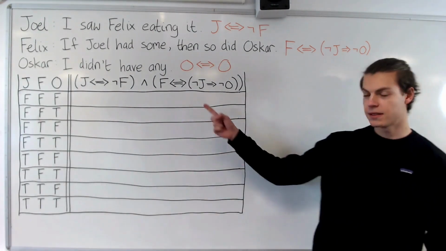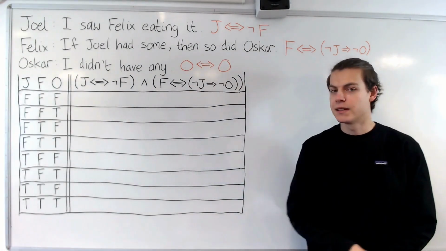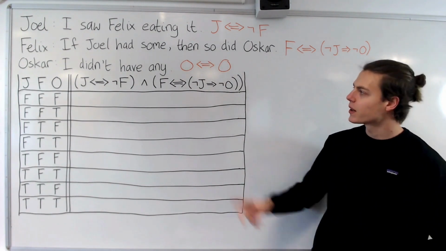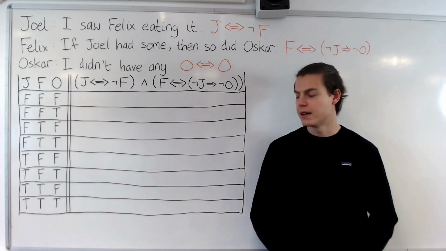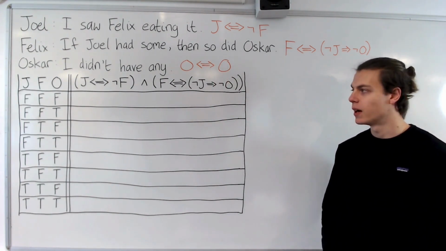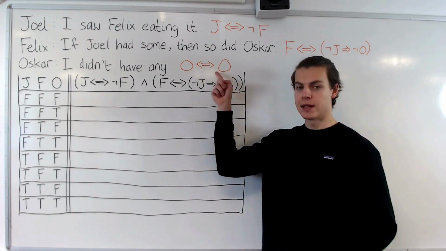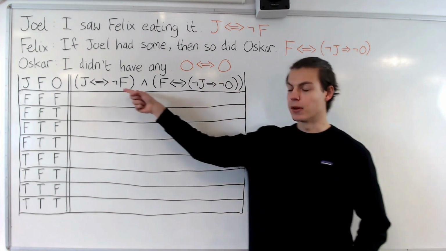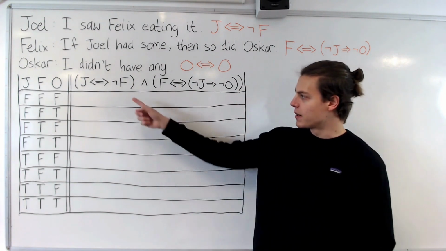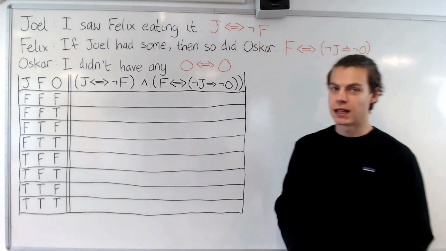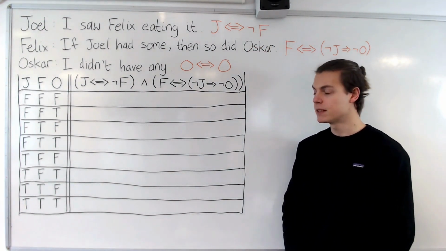Now you may have noticed that this third statement is actually a tautology, right? This will be true in every case, so this is why I've omitted this statement from our truth table. Really what we're checking is whether these two statements are both true, right?